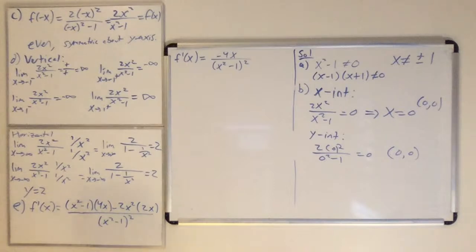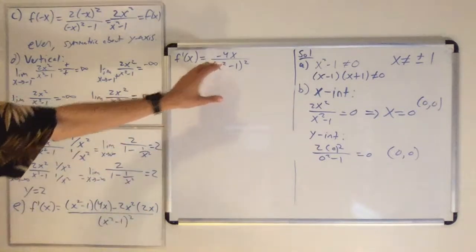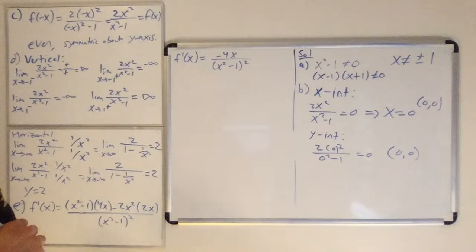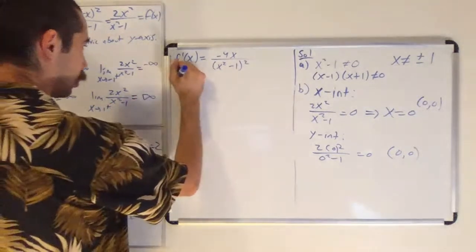And so the question is, what do we do with this derivative now? Like, what should we do? We found the derivative, but how does that tell us about if it's increasing or decreasing? Right, so we'll set it equal to 0, but what else do we have to check?